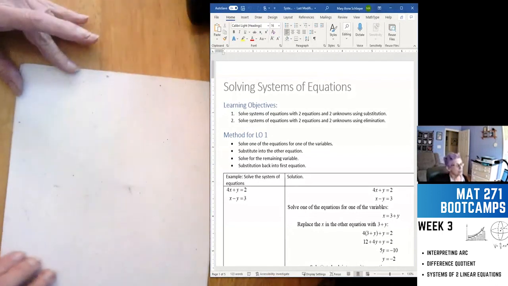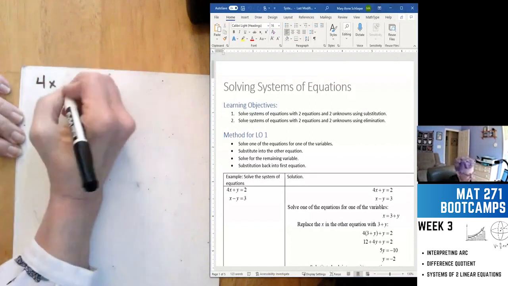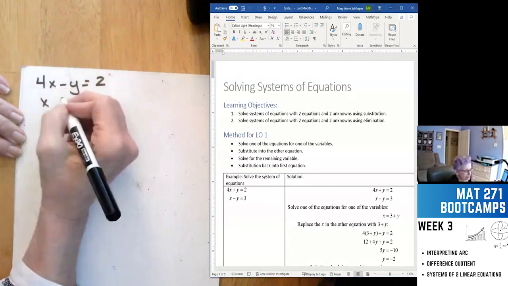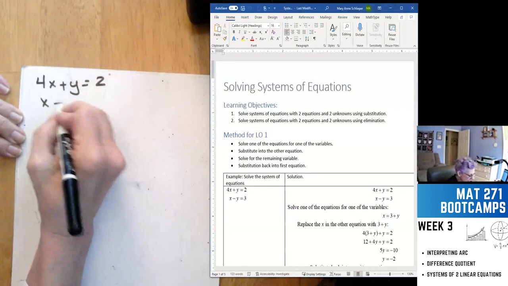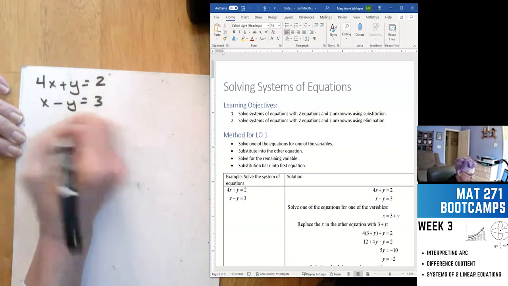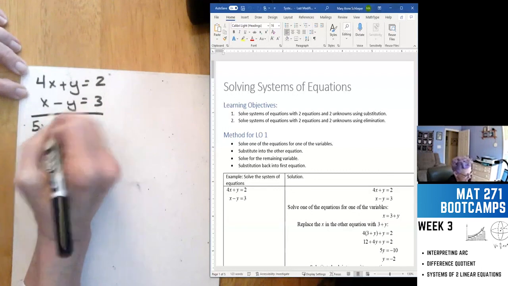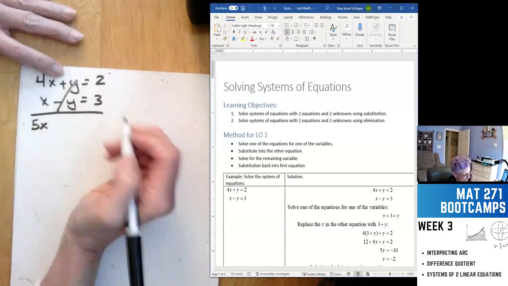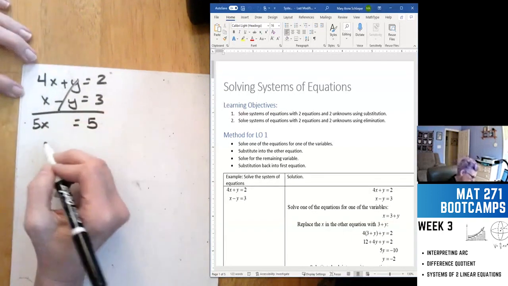What if I wanted to eliminate? Well, this is a really friendly system of equations because it's all ready for elimination as well. I have plus y, I have x minus y equals 3. So just add them together, 4x plus x, the y goes away, is equal to 5.